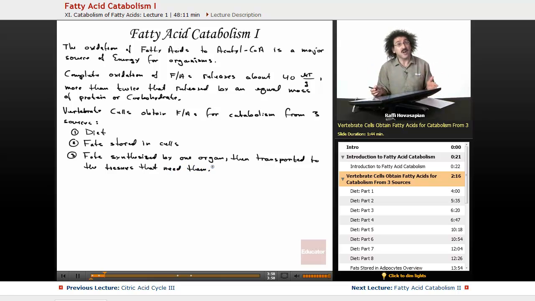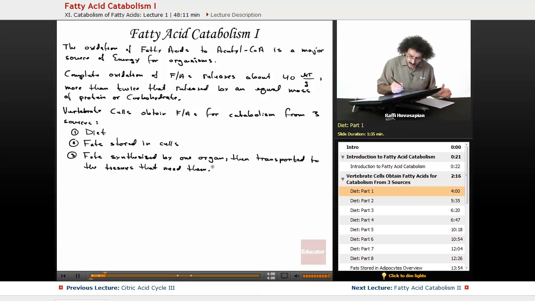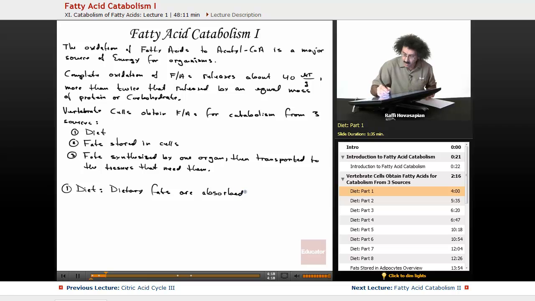Okay, so let's talk about diet first. So number one, diet. Okay, so dietary fats are absorbed by the small intestine.